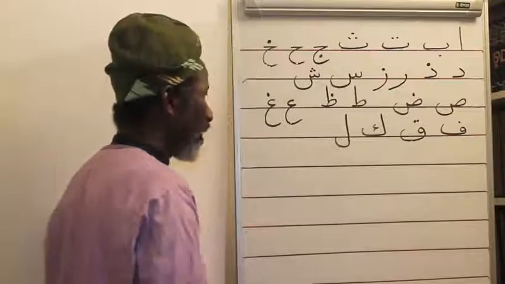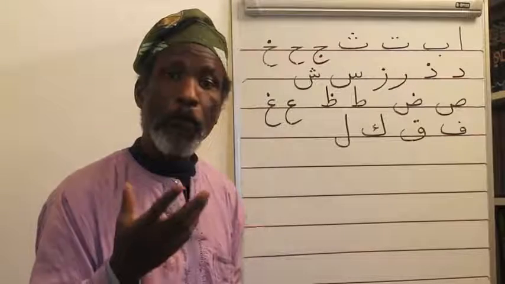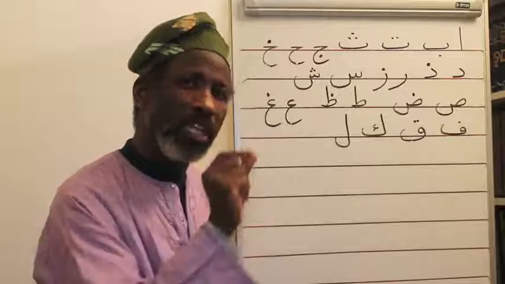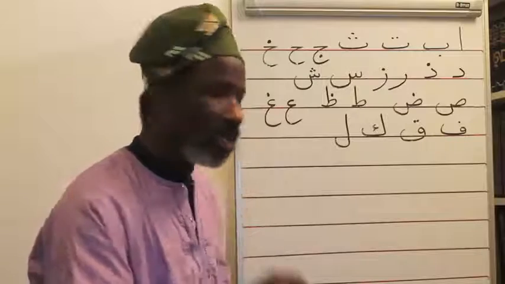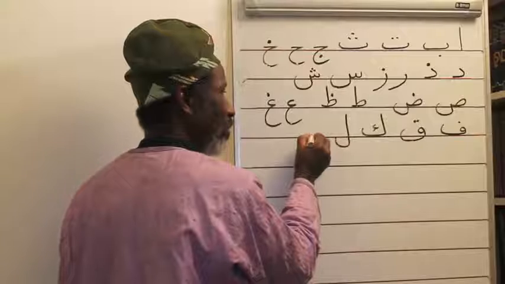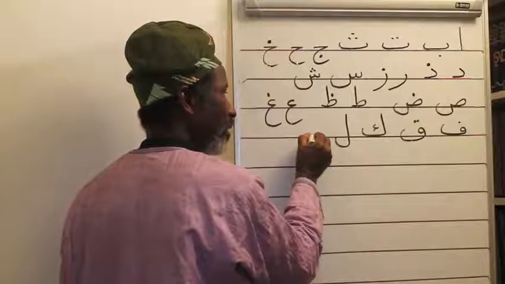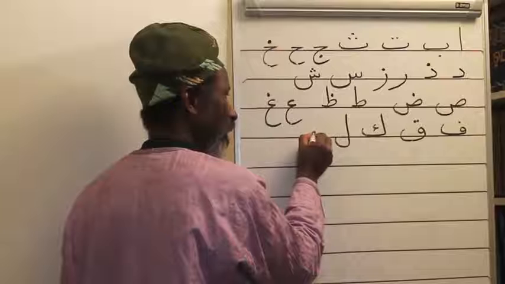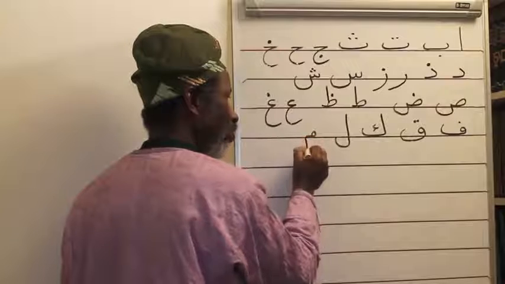Now the next one, which is Mim. I want you to pay attention to the way I'm going to draw it, the way I'm going to write it. You go to the right, clockwise, slightly round, and then come back and drop.